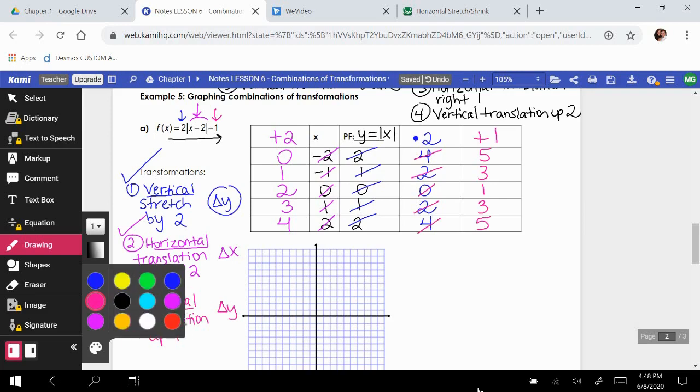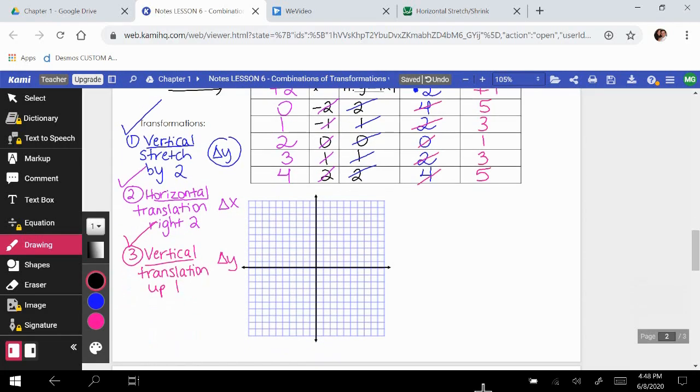Okay, so now let's plot those points. I'm going to plot the point 0, 5. I'm going to plot the point 1, 3. I'm going to plot the point 2, 1. I'm going to plot the point 3, 3.